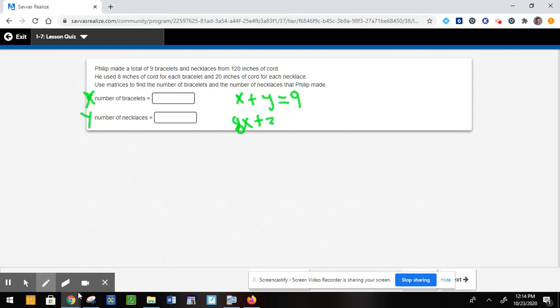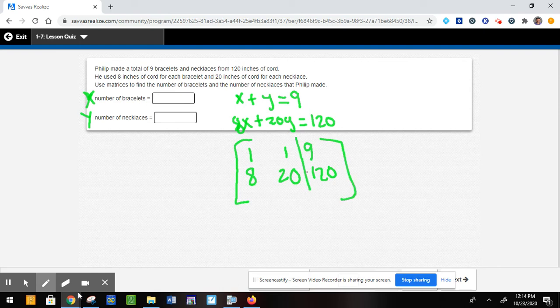And then similarly, 20y is going to represent all the cord he used for all the necklaces. And then he used a total of 120. So if I write this out as an augmented matrix, that's what it looks like.